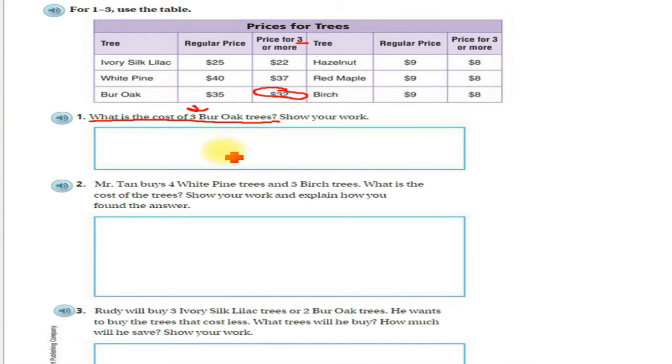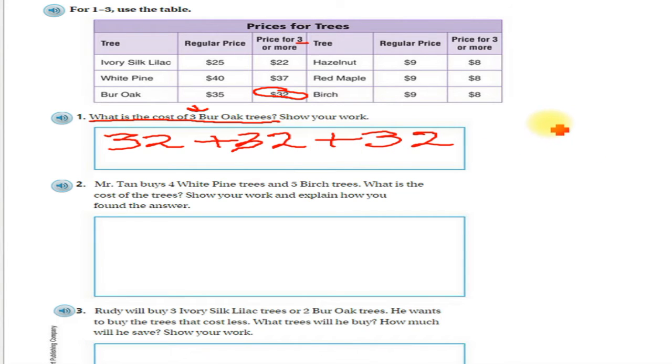So, how am I going to find that total cost? Well, if I'm buying 3, the first one I buy is going to be $32. The second one I buy is also going to be $32. Excuse my handwriting. And the third one I buy is going to be $32. Okay? So, I could find the price by adding these up. That's one way to do it.